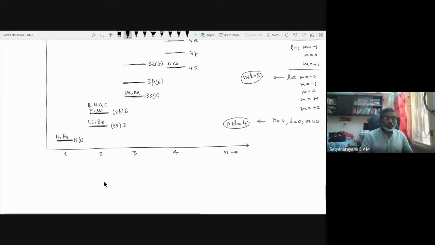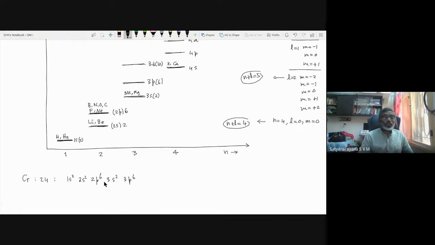For example, let's say if you take chromium, it has an atomic number 24, and that means you have 1s has 2, and 2s has 2, and 2p has 6, and 3s has 2, and 3p has 6.